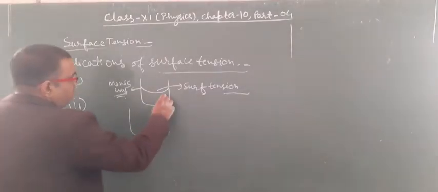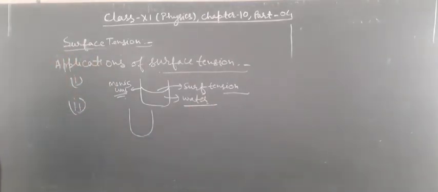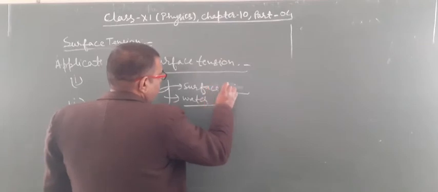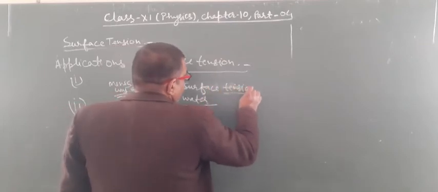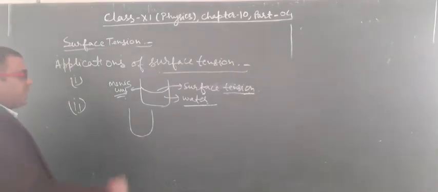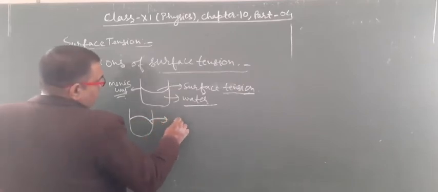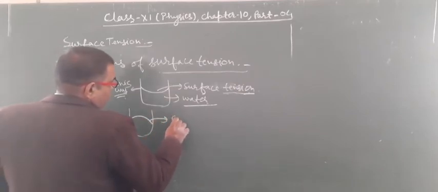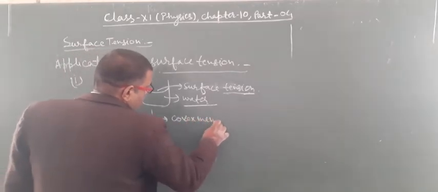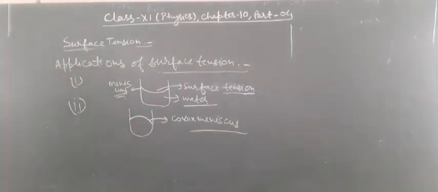This is for water when water is placed inside the container. If mercury is placed in the container, then this is the convex meniscus, and this is also due to the surface tension.